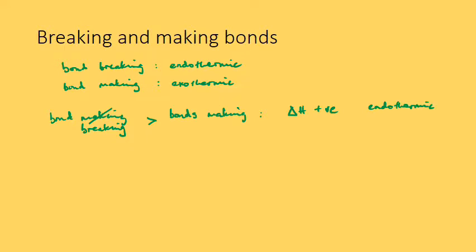Whereas if the energy that you need to break the bonds is less than that which is released when you make the product bonds, then clearly delta H is going to be negative, and that is an exothermic reaction.